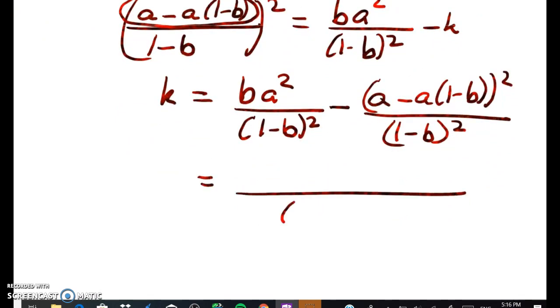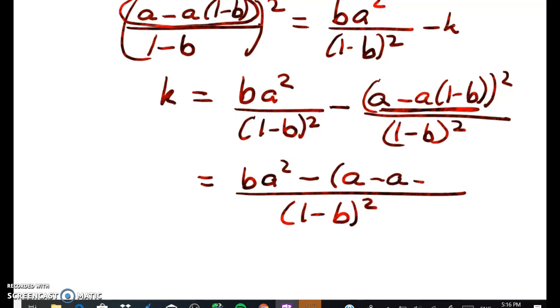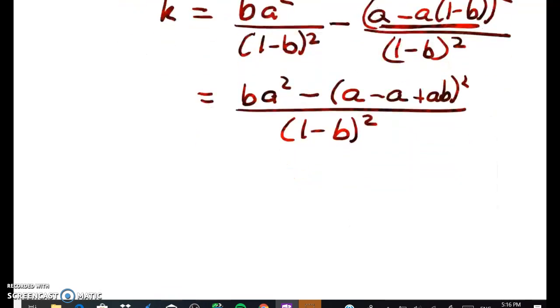Cleaning that up, we get our common denominator of (1 minus b) squared, and then ba squared minus, now let's have a look at the numerator here. It's not nearly as bad as it looks. It's a, take away a, plus ab squared. So k is rapidly cleaning itself up.